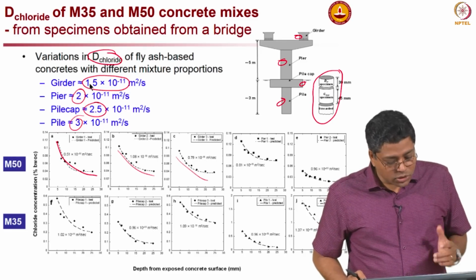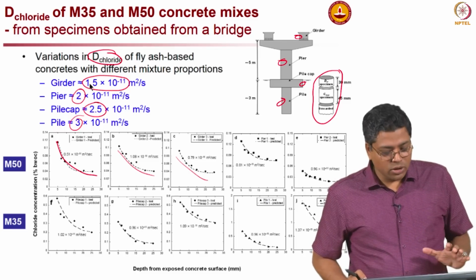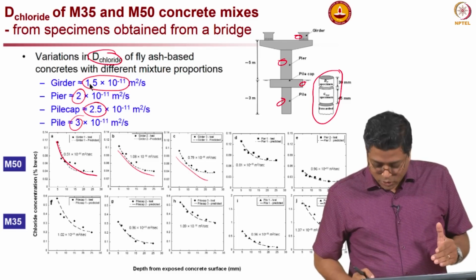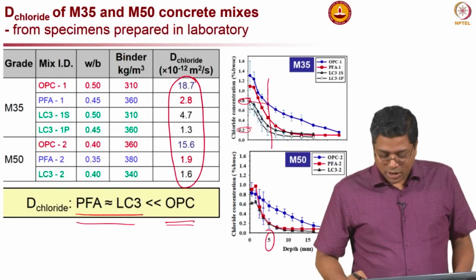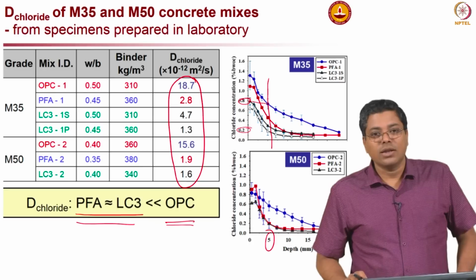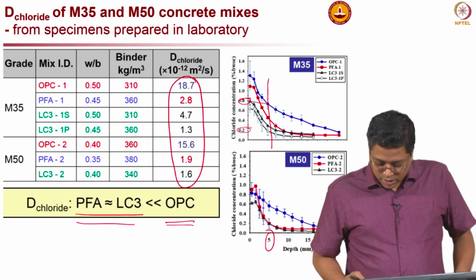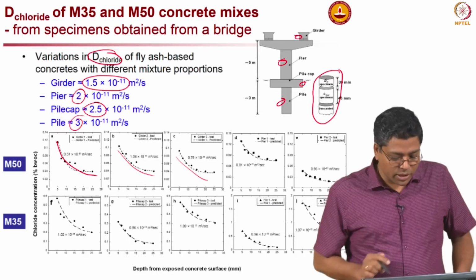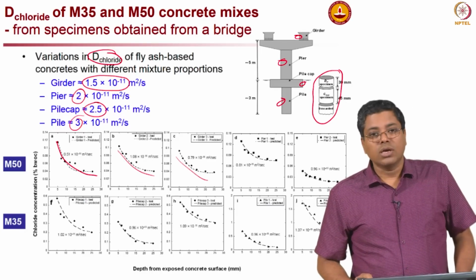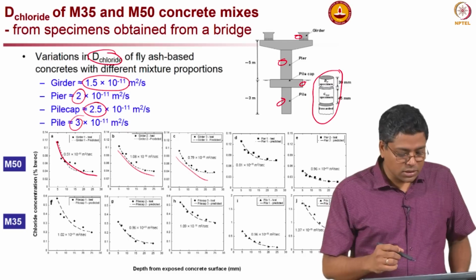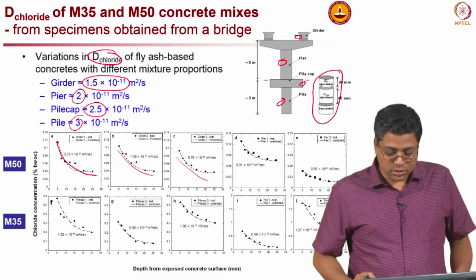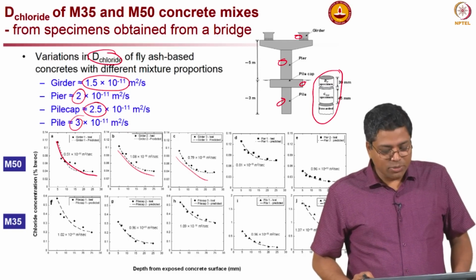Now, we also see a lot of scatter, and you will notice that in the graph earlier you have much better looking graphs, because that is done in a laboratory with very well controlled specimen preparation, whereas here you are talking about actual data from the structures on site. So, you would expect a little bit more scatter.